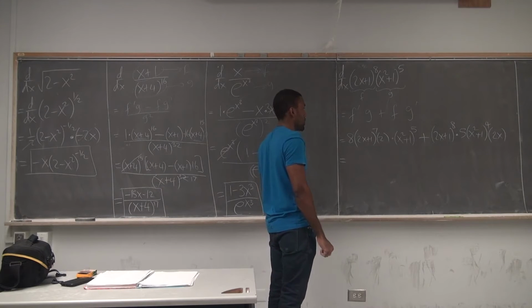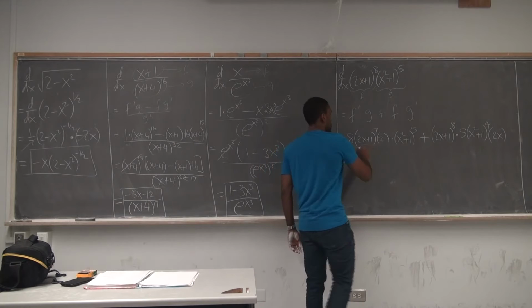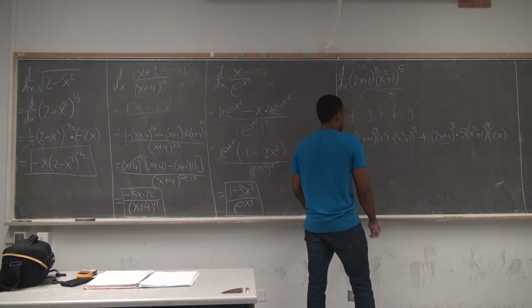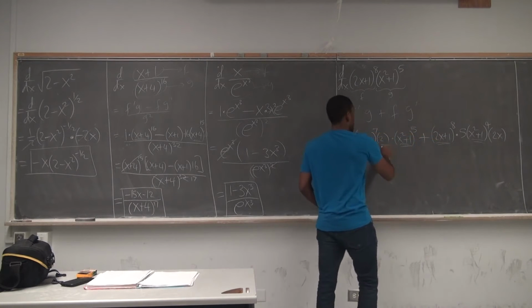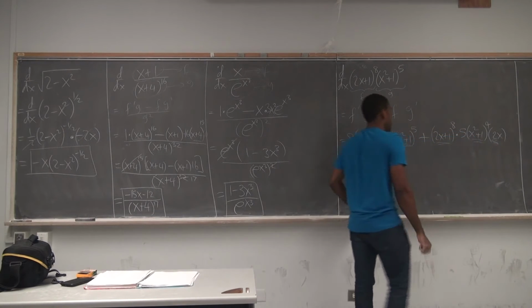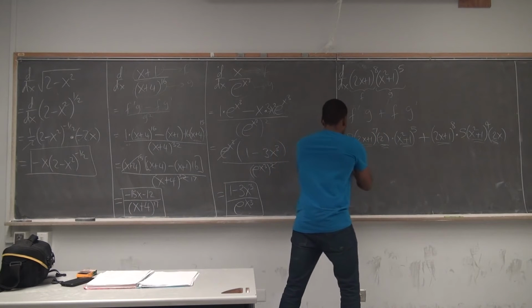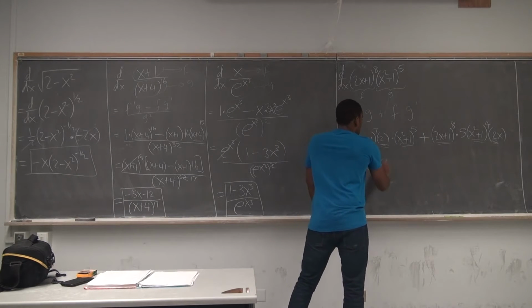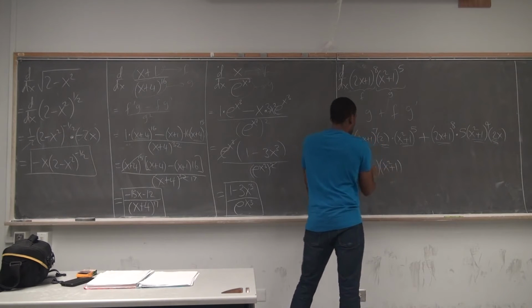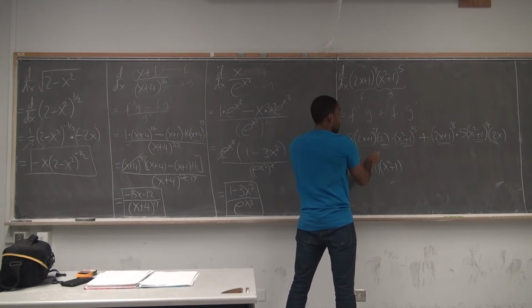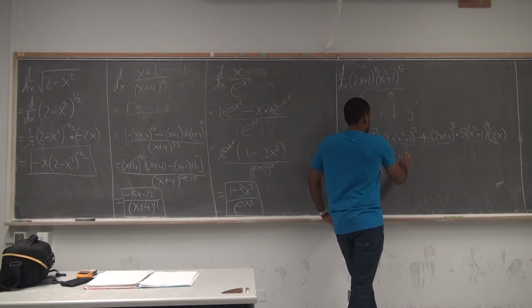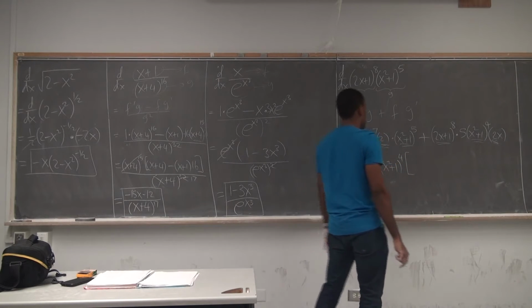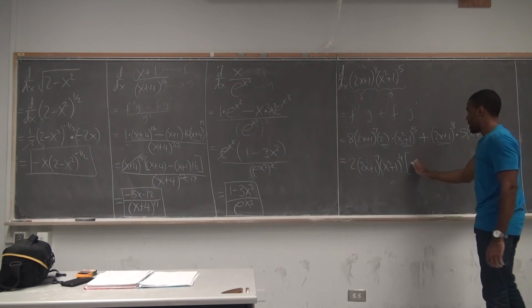Or the common terms. This is a common term in both. This is a common square root in both. 2 is a common term as well. Just pull those out. 2 times 2x plus 1 times x squared plus 1. The power, what's the power of this one? Well, the 4th power. What do I have left over?